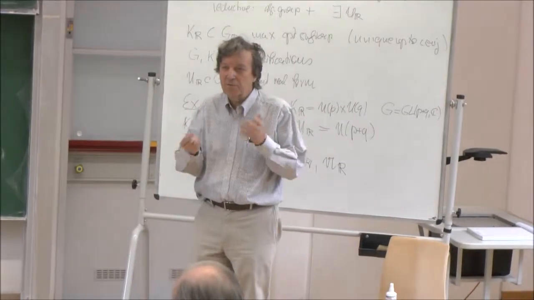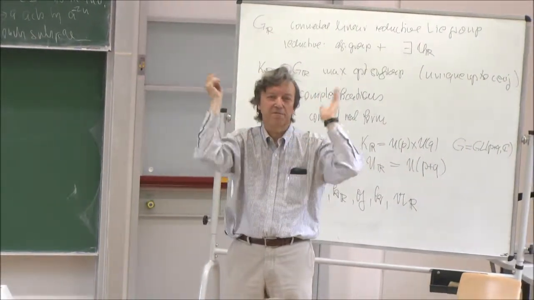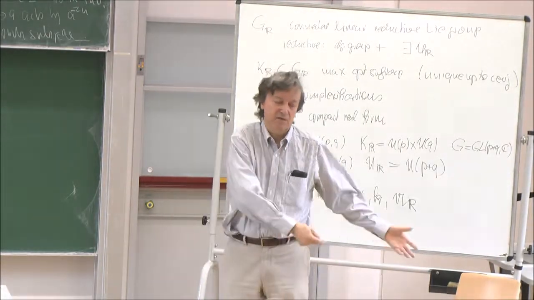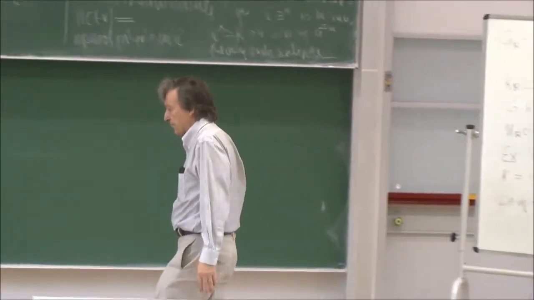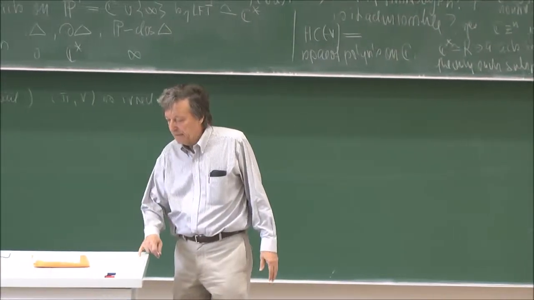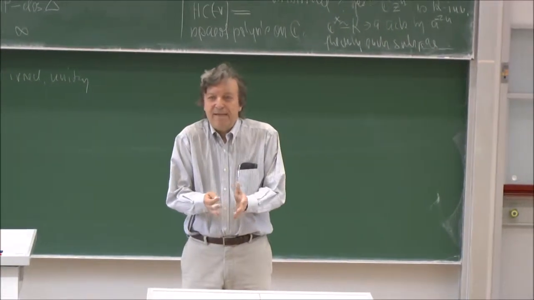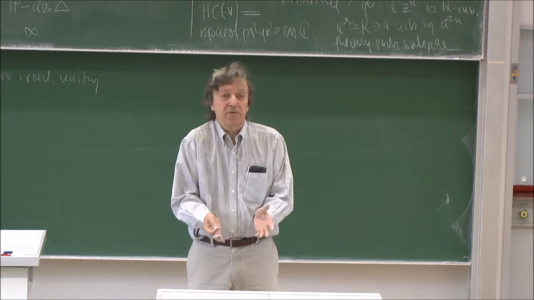Each Harish-Chandra module comes from an infinite number of irreducible admissible representations, if the Harish-Chandra module is irreducible. And really what it means is that all of these representations are basically the same, except for the choice of the norm.